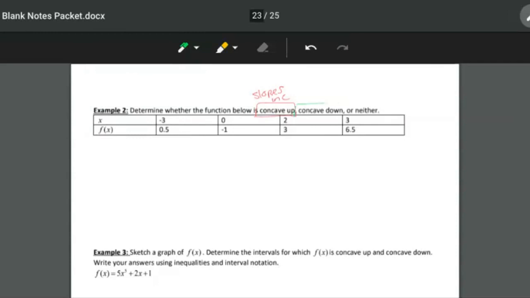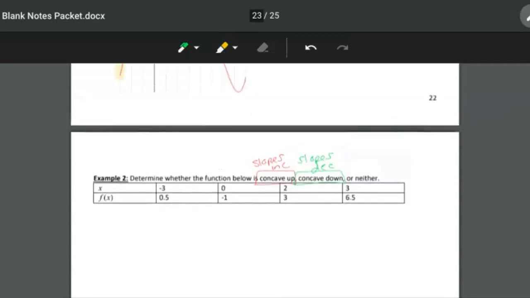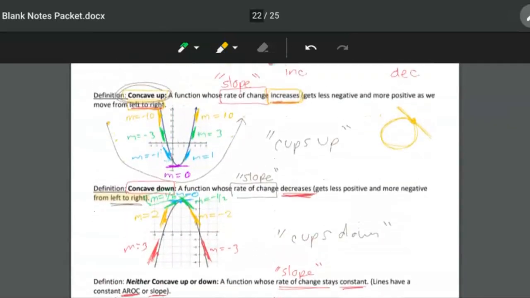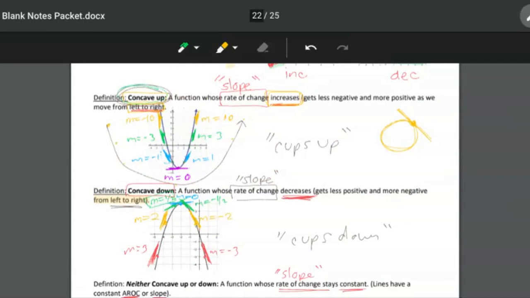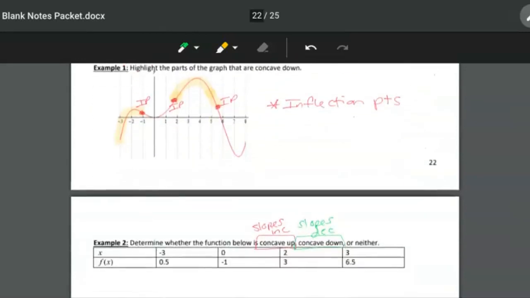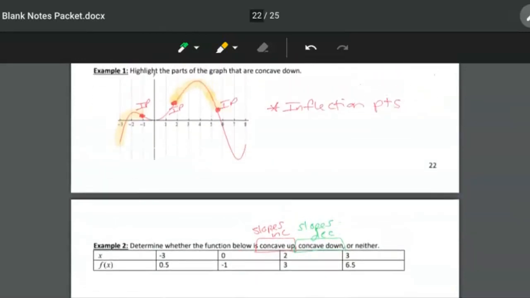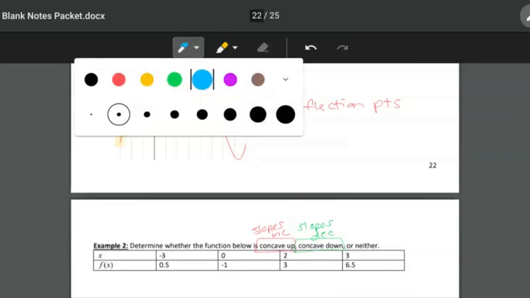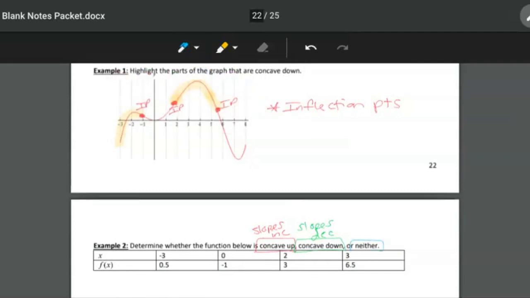We said concave down means slopes decrease from left to right. And if you need to go back, that's literally what these definitions say. Concave up, slope increases from left to right. Concave down, slopes decrease. And then we said if it's neither, that's when your slope stays the same. That would be a line. So all the slopes are the same.